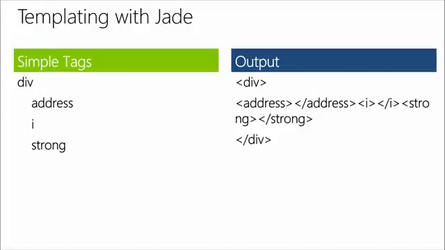You see that i, strong and address are all at the same level in terms of hierarchy, so they just follow one after another. And then the div closes, and it just assumes that stuff. I like how I say stuff, super vague. I'm just going to say stuff. But it assumes that HTML structure, and it writes it for you. So some of the stuff that you're writing can be done very, very quickly if you're using templates.